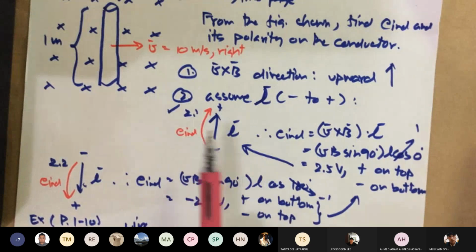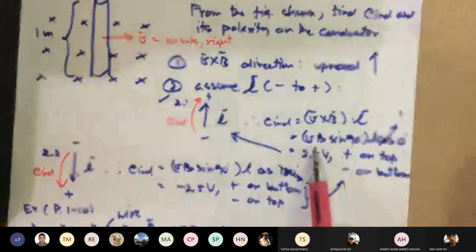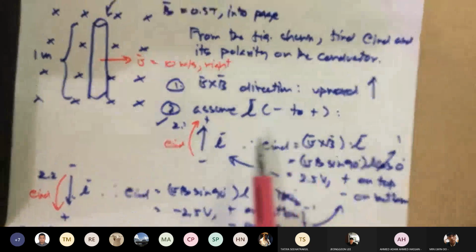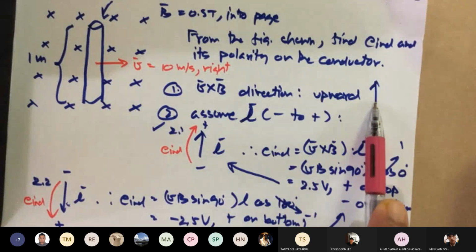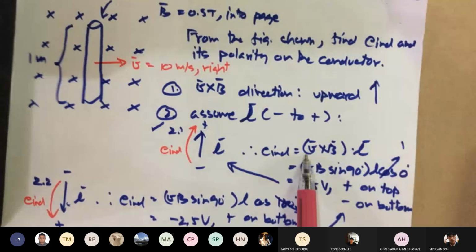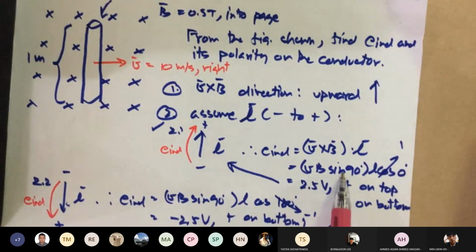Once you've done that, you must calculate the resulting value of the induced voltage, which is V B sine of theta 1, and then L cosine of theta 2. Theta 1 is the angle between V and B, which is 90 degrees, shown here. So sine of 90 is 1.